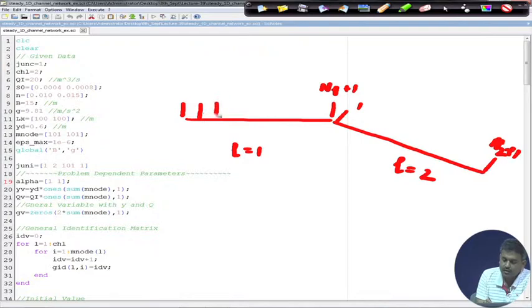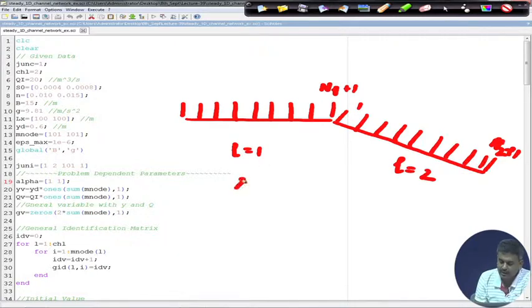So, these are the sections in between. In this case we have double index notation, that means L I. If I take L I, it is representing the channel section in the Lth channel and for ith section.